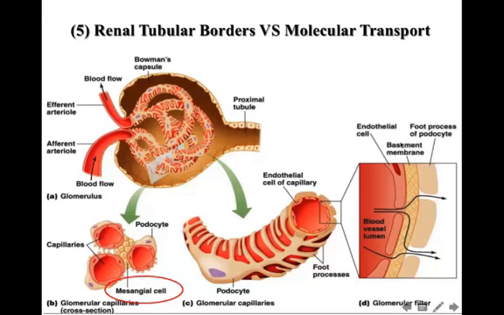The basement membrane, which has no pores within it, but its negatively charged composition of collagen and proteoglycan won't allow the passage of plasma proteins, and we've actually mentioned it before when we spoke about the filtration of plasma proteins. Alright, the third layer is the Bowman's capsule epithelium.